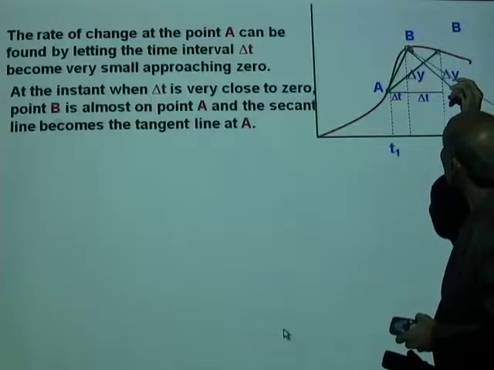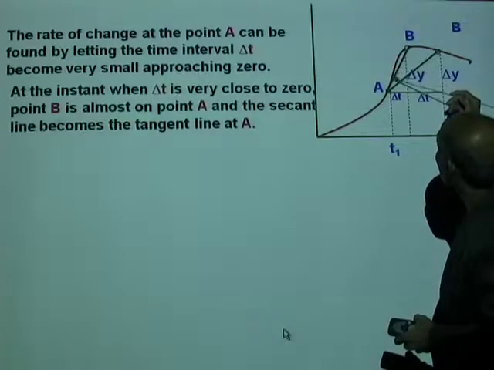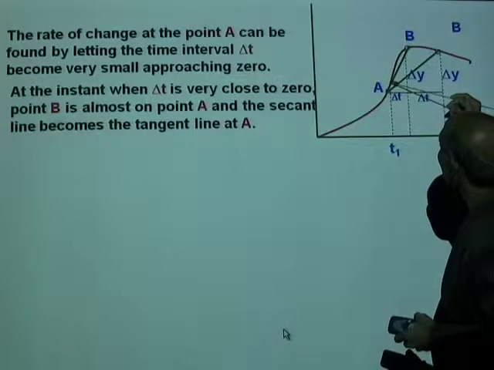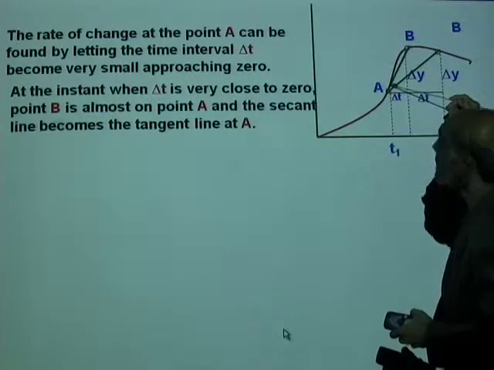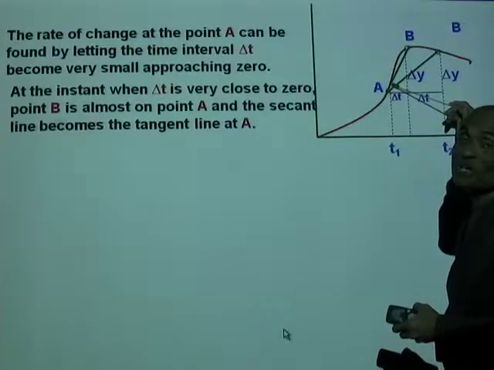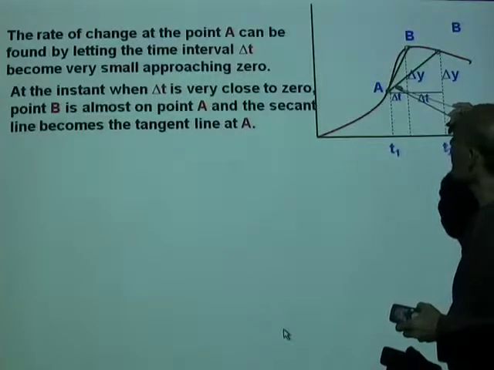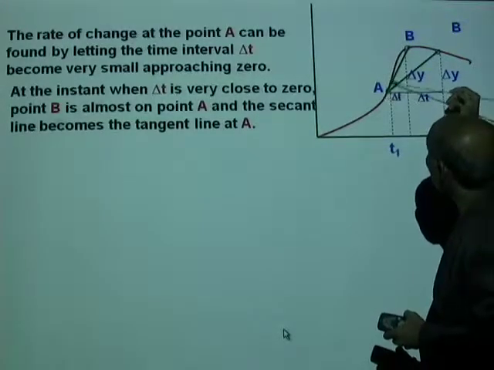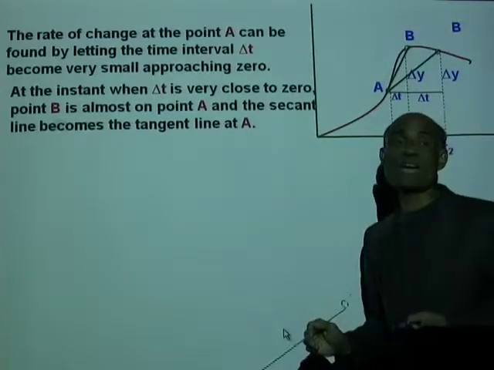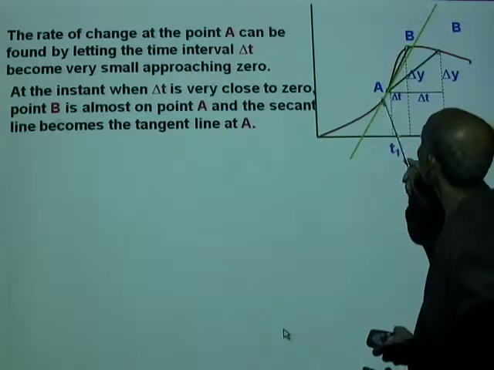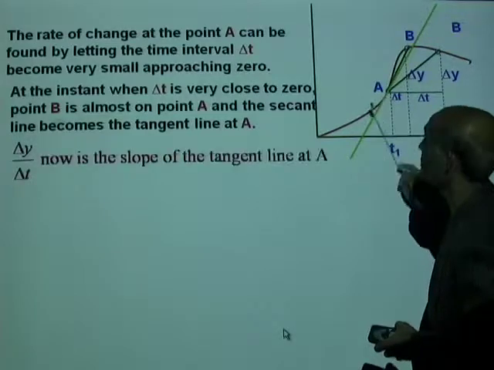That is, if I bring the point B, say here, then the line AB and the curve AB will not be distinguishable, and the line then becomes almost a tangent drawn at A. Now, like this. That's right.